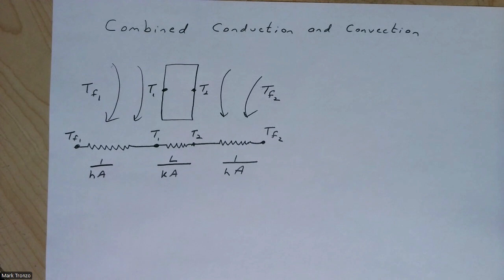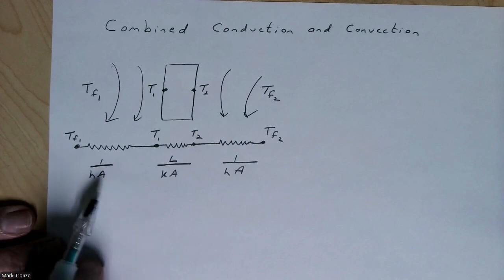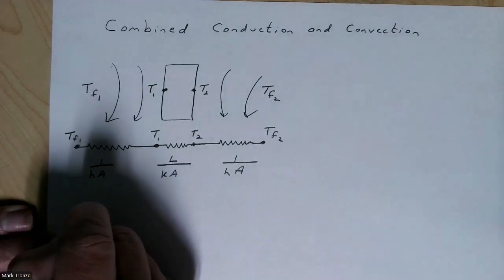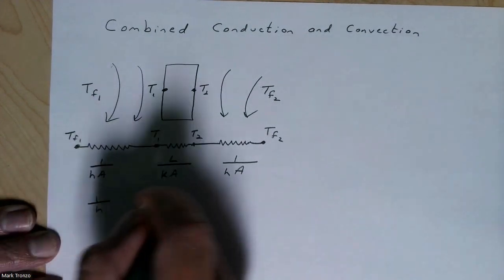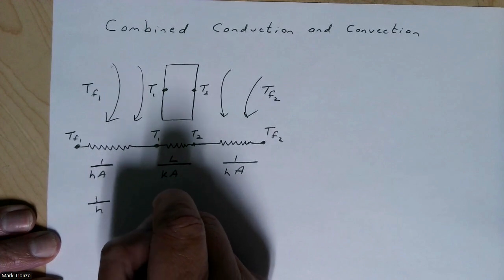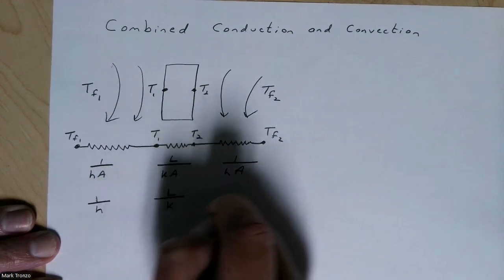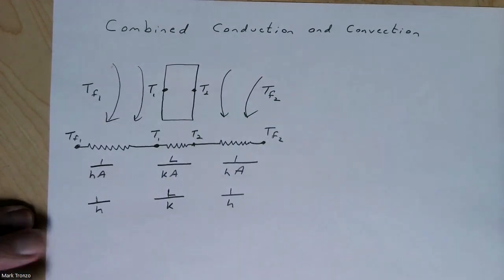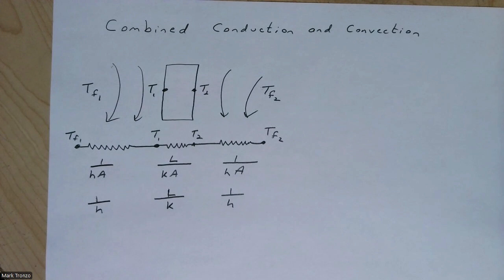Now, in some cases, we may be calculating things, the flow rate per unit area. So in which case, these could end up being like 1 over H, L over K, or 1 over H if you're doing them per unit area.